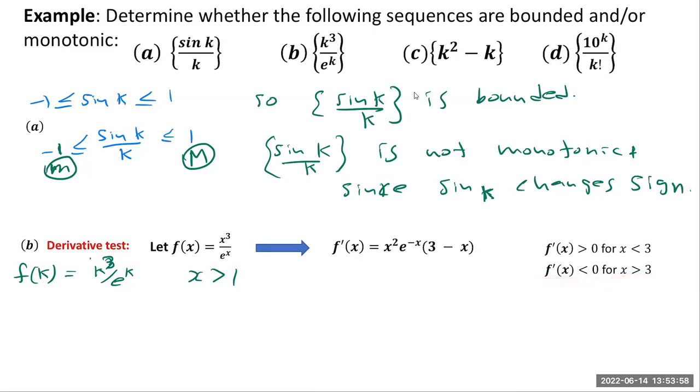So this is an eventually decreasing sequence. By the derivative test, a_k equals k to the power 3 divided by e to the power k is eventually decreasing.